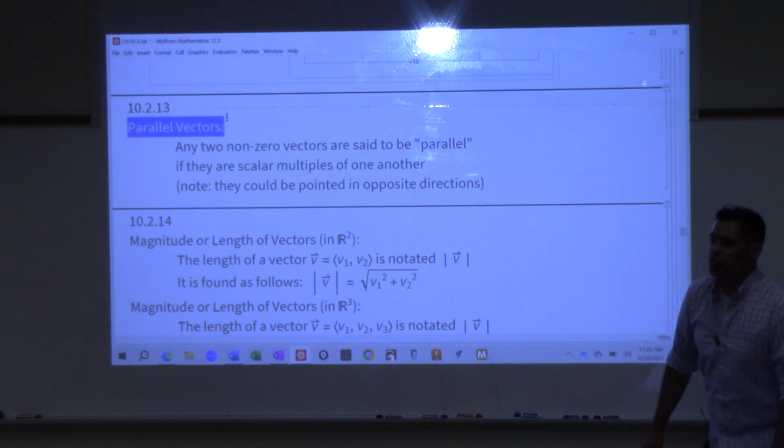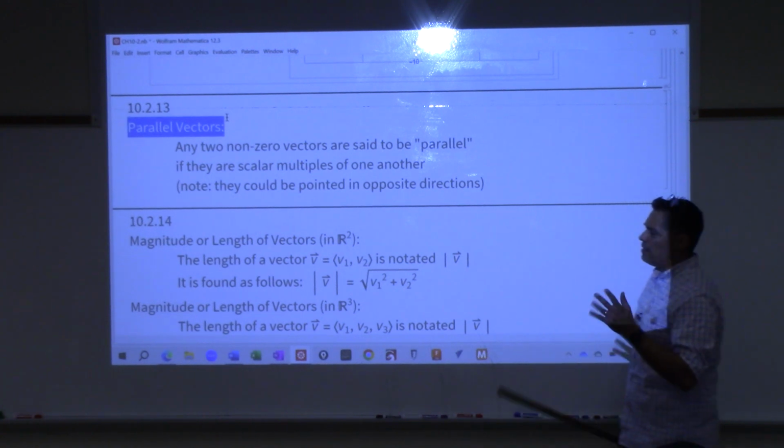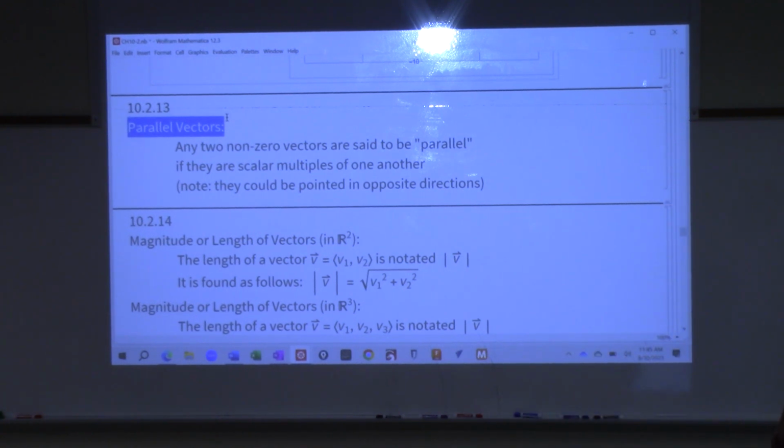Okay. Definition, parallel vectors. This is something that most students, when they see it the first time, think, okay, that's not the way I thought it was going to be. Seems a little odd.